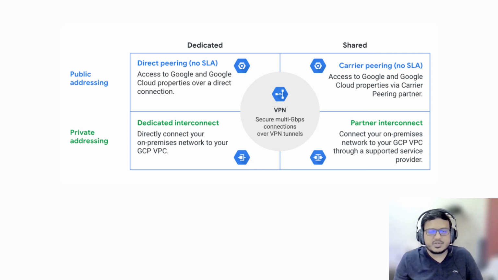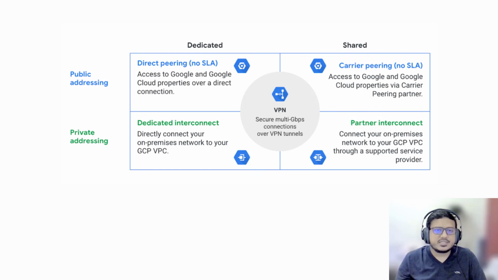Like you want to move something to YouTube or Google Drive, but you don't want to go through the public internet. So you can do that by peering to Google's network using Cloud Peering.